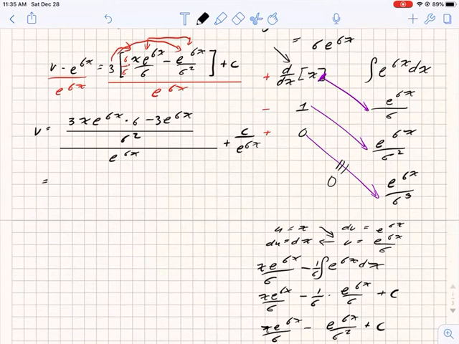Simplifying it a little further, we could factor out a 3e to the 6x, which seems kind of silly because we just factored in that 3, but okay.